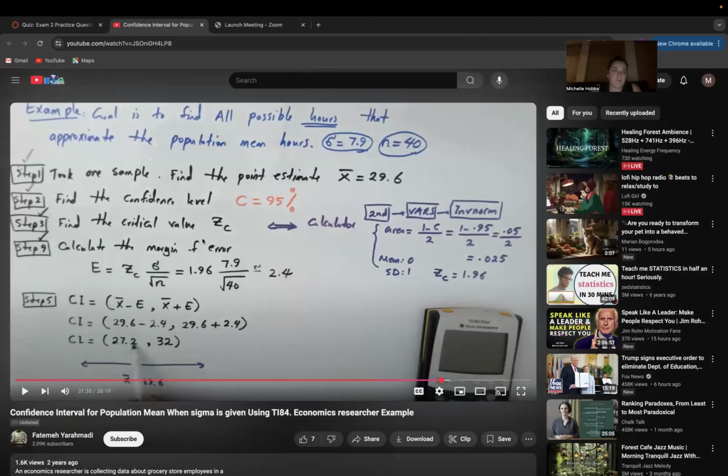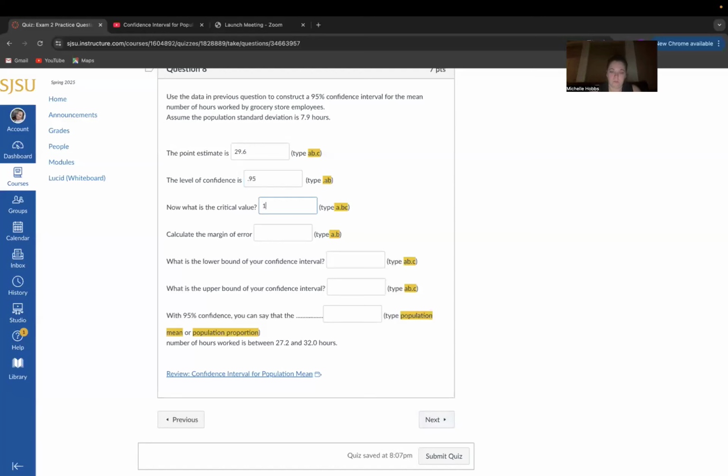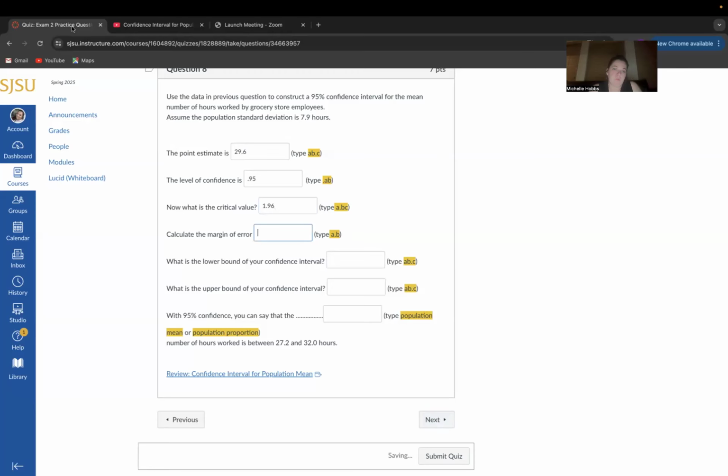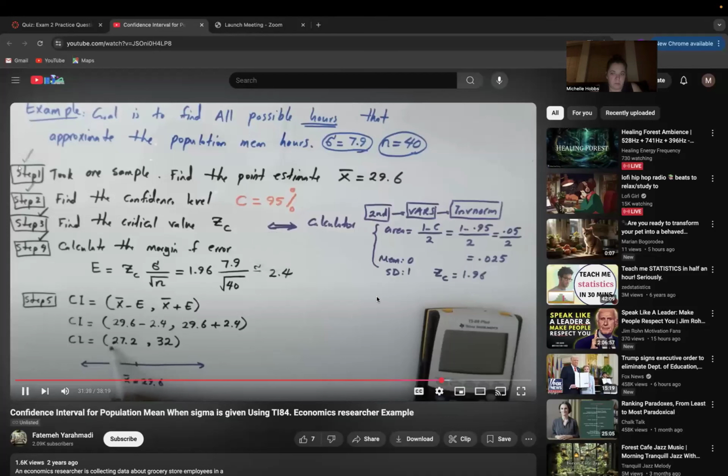The critical value is 1.96. Yes, 1.96. And then the margin of error is 2.4. The lower bound is 27.2. So this is your interval.